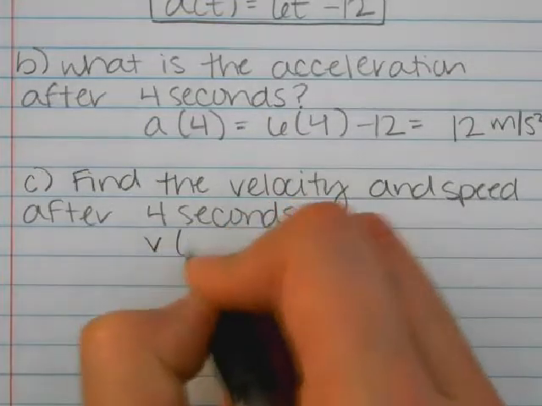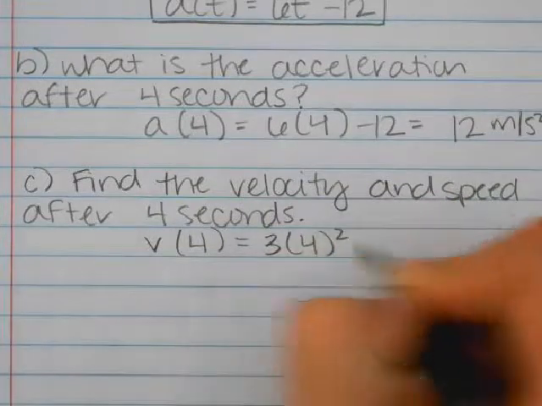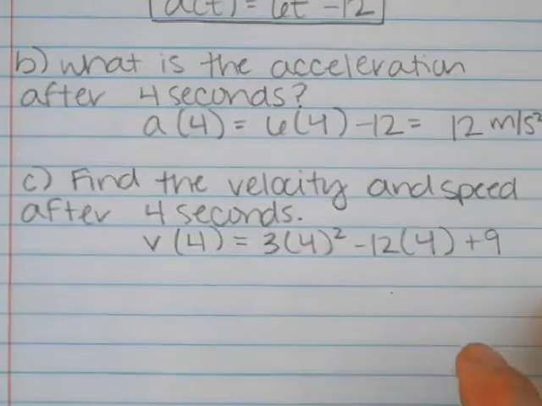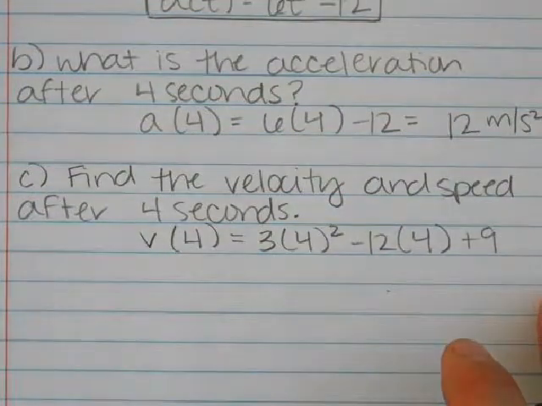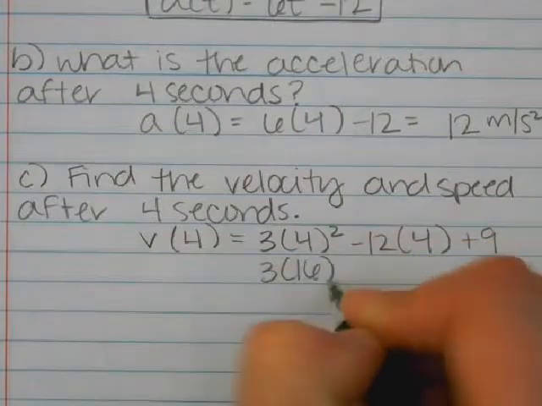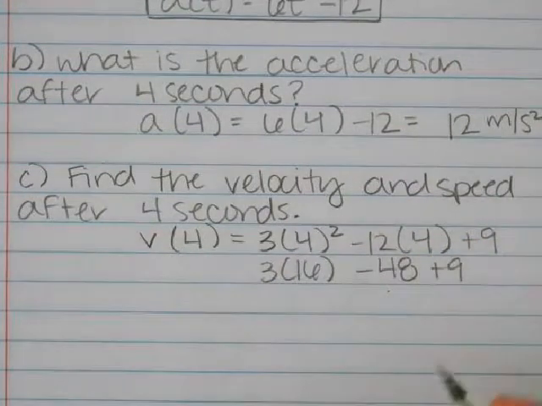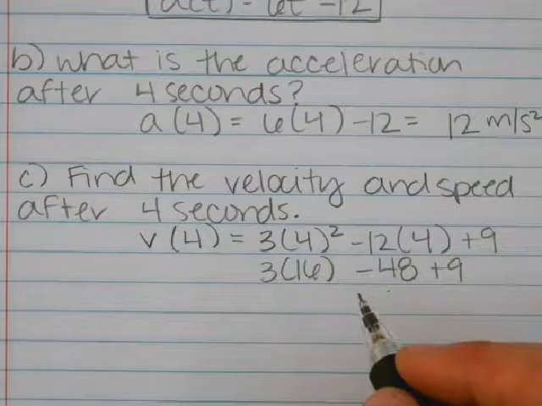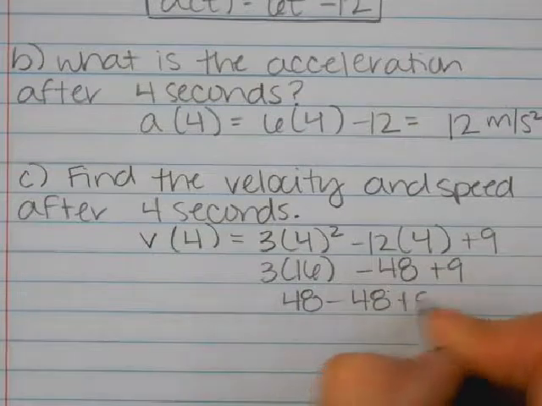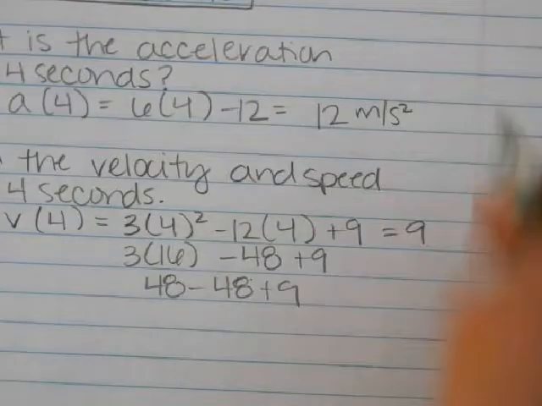Yeah, so v of 4 is 3 times 4 squared minus 12 times 4 plus 9. Three times 16 minus 48 plus 9. What is 3 times 16? 48. So what is it? 9 meters per second.